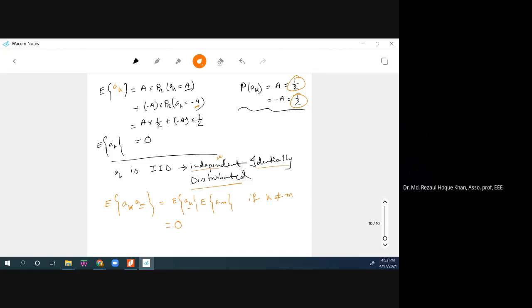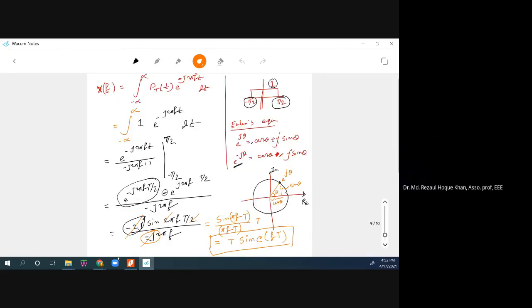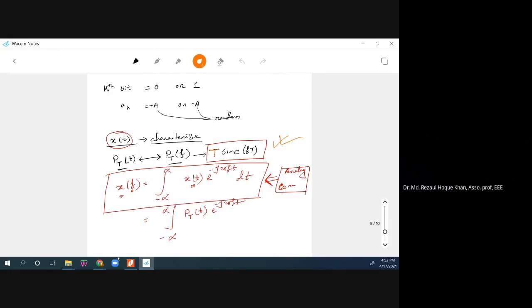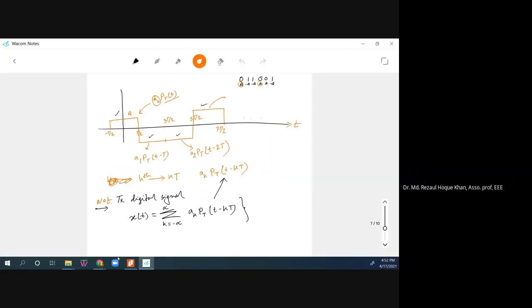So we can write the expected value of x(t). What is the expected value of x(t)? We're writing the expected value of the complete signal, this signal x(t).